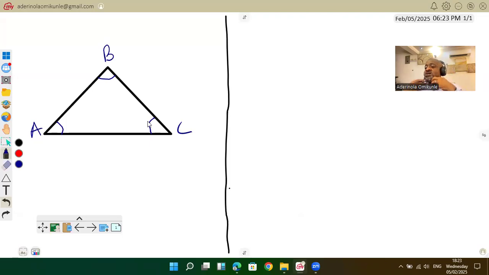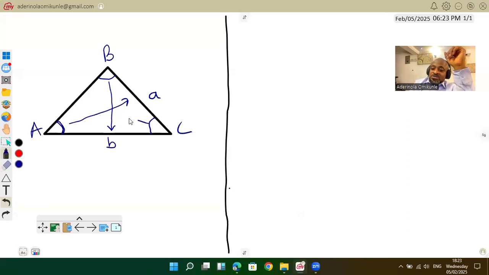Now, we could also have the sides that belong to each of these angles. What that means is that if this is angle A, and this is very important in what we are going to do, the side facing it is side A, and that will be written in small letters. So this is side A. While if this is angle B, the side directly opposite is small letter b.